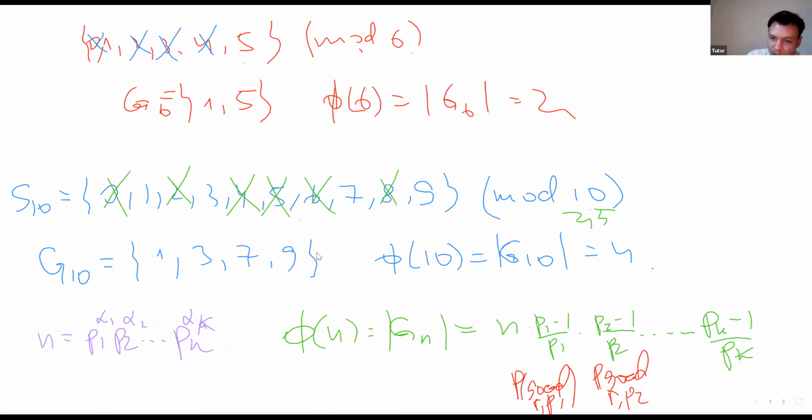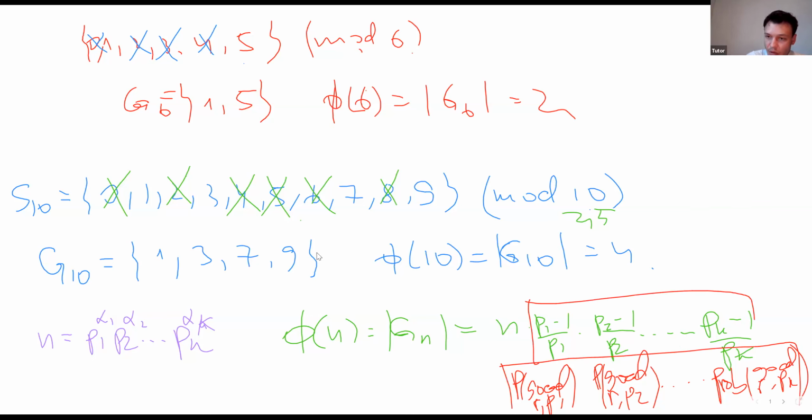R and P1 are good. All the way until the probability that R and Pk are good. So if you look at all of this, this is just the probability that R and N are good. R comma N good.